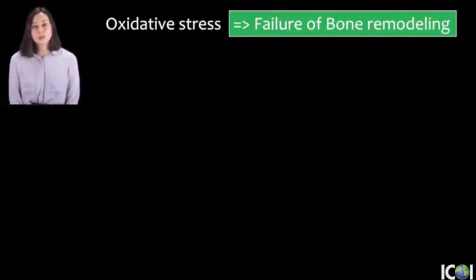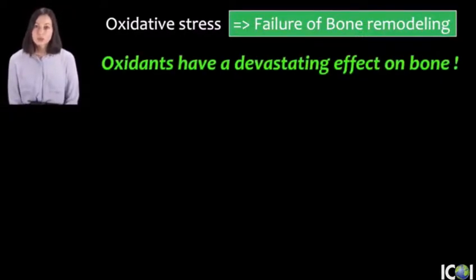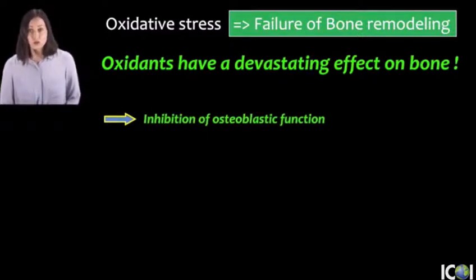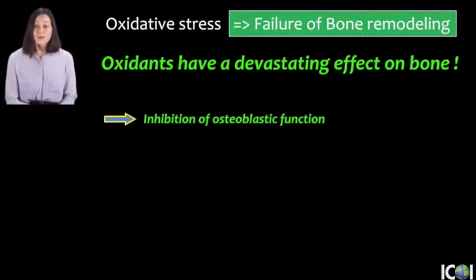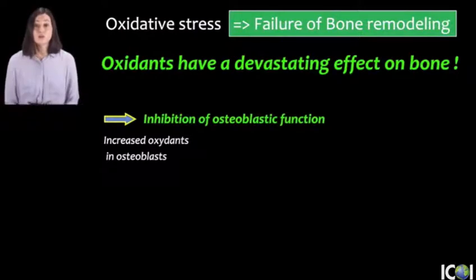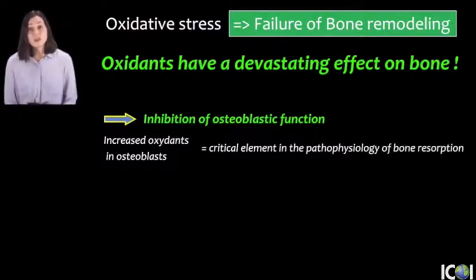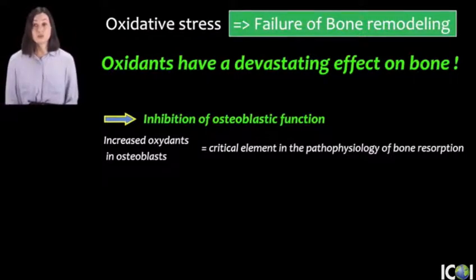When we face oxidative stress, we face failures in bone remodeling, because oxidants have a devastating effect on the bone. First, they inhibit the osteoblastic function. And having an increased amount of oxidant in the osteoblast is actually the critical element in the physiopathology of bone resorption.